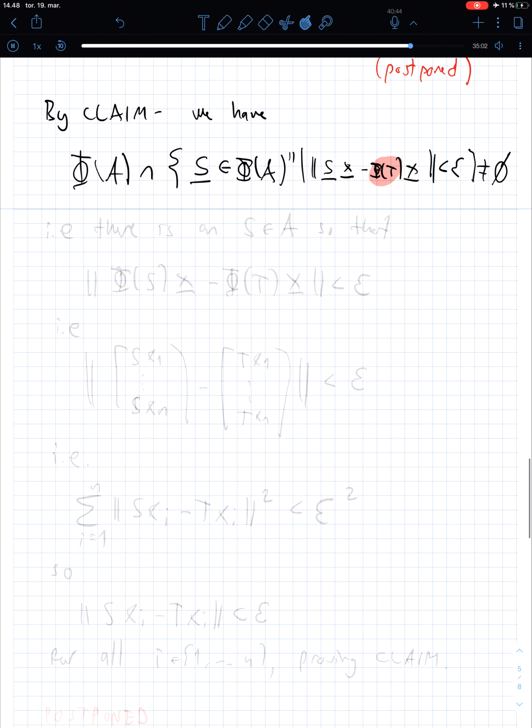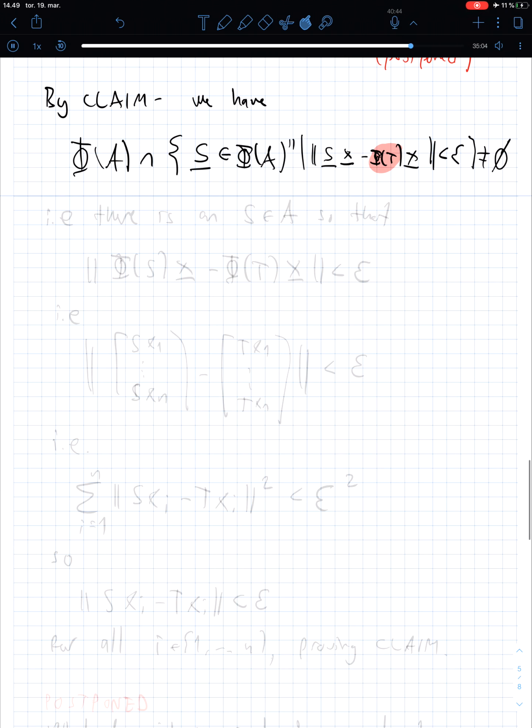But let's just expand on what this means. So there is an S in A, so that the distance between phi of S against X and phi of t against X is less than epsilon.